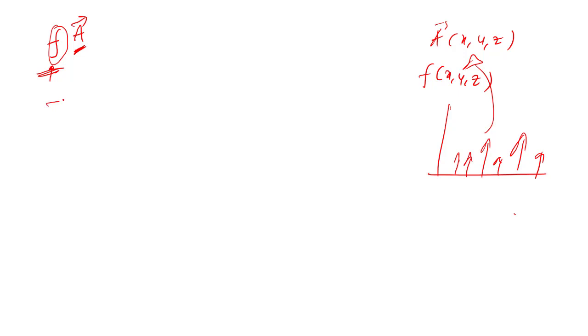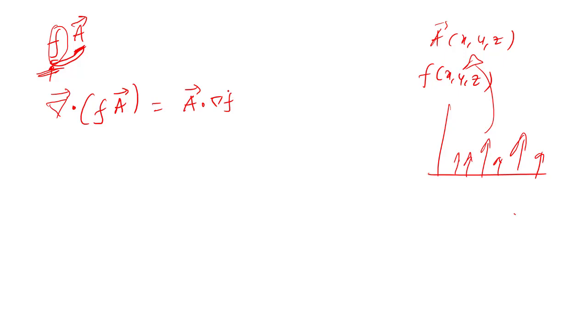Now if I want to take the gradient of that, not gradient, I'm sorry, the divergence, because this is still a vector, the divergence of this, then I can write that as A dot gradient of f.